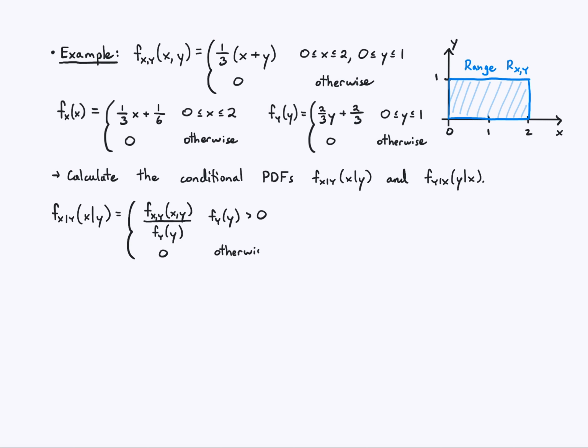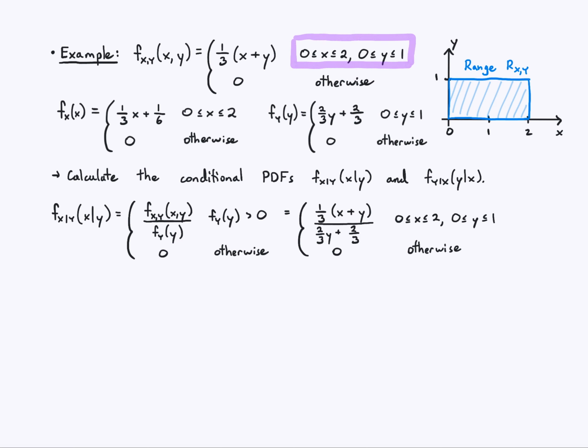Okay, so let's just plug in these functions. The thing to do is first plug in a third x plus y and divide by 2/3 y plus 2/3. That's what I've done. I've plugged in both functions, and I have to remember to also put in the range of x, y. This comes from the range in the original joint PDF, so plugging that in is what causes this range to appear here.